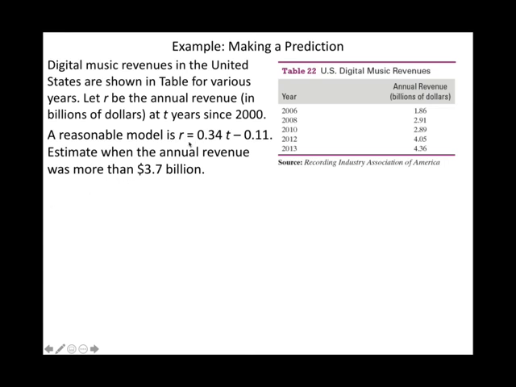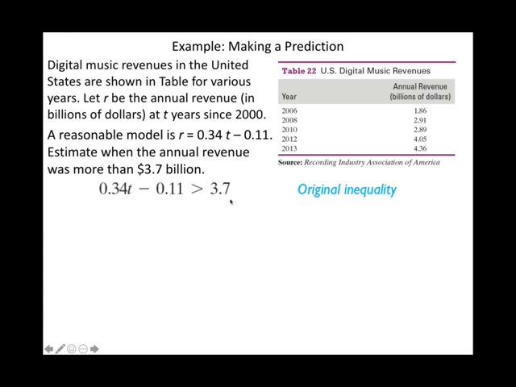So we have the reasonable model in here. Now we want to estimate the annual revenue. Okay, annual revenue is talking about the R, when your R was more than 3.7 billion. So I'm gonna let this model, 0.34t minus 0.11, be greater than 3.7 billion.